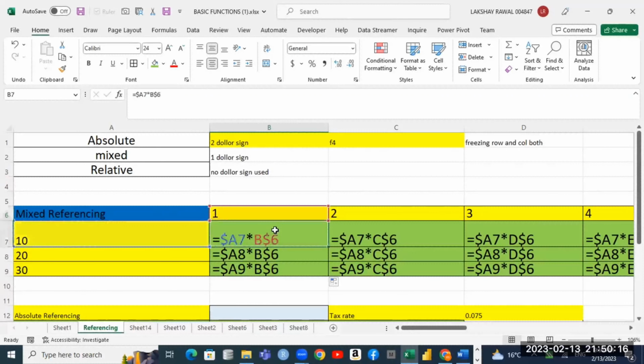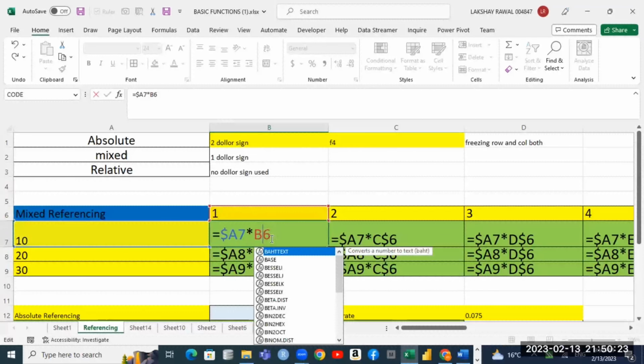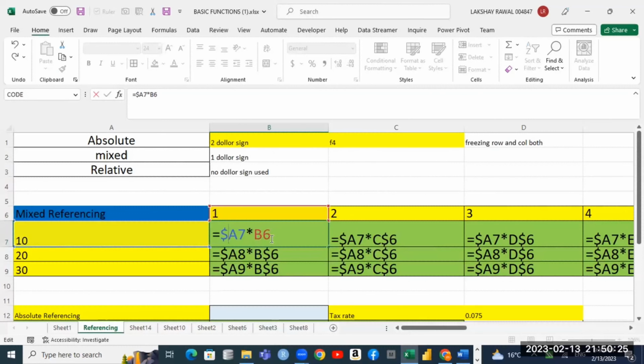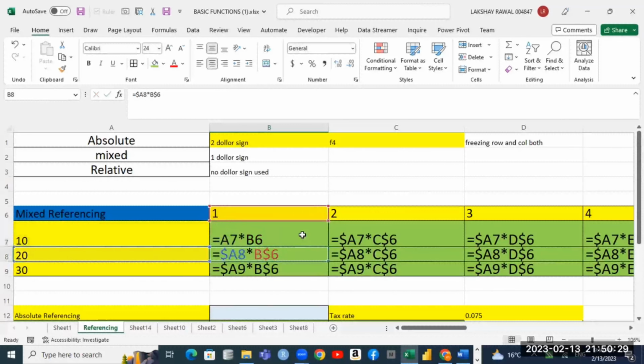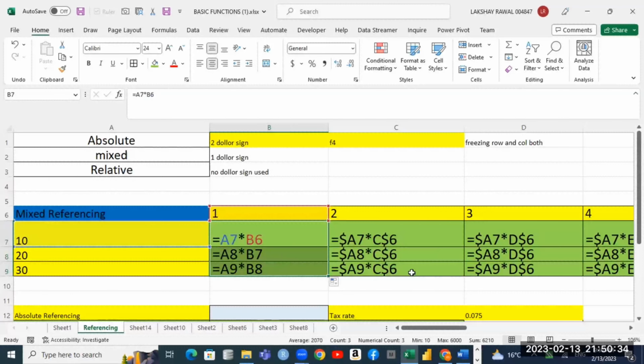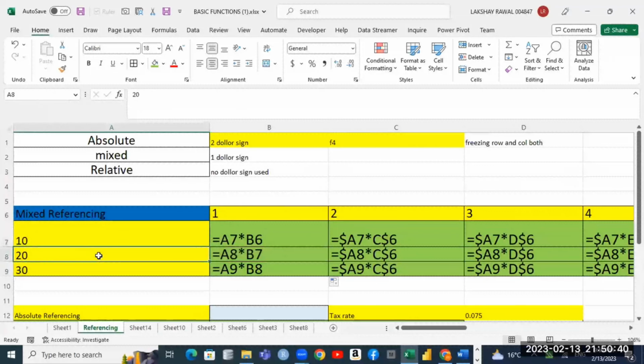Now I have written one formula here, A7 into B6. If I do not put a dollar sign here and I drag the formula, what will happen? A7 will become A8, and A8 will become A9.